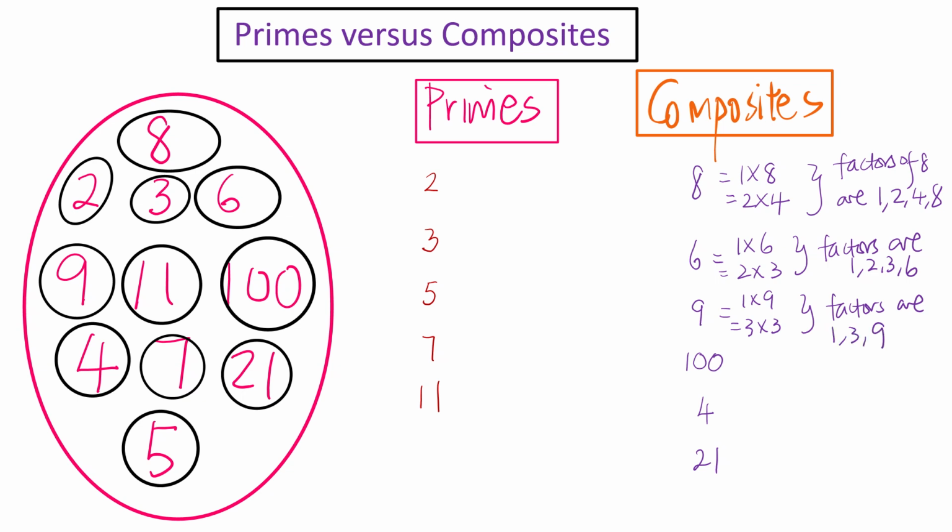So let's look at the number 2. 2 basically is just 1 times 2. So the factors are 1 and 2. And then 3 also is just 1 times 3. So factors are 1 and 3.